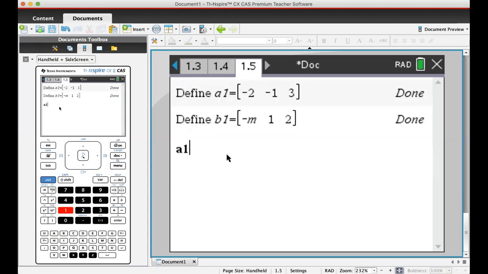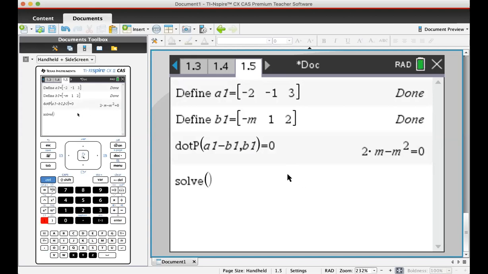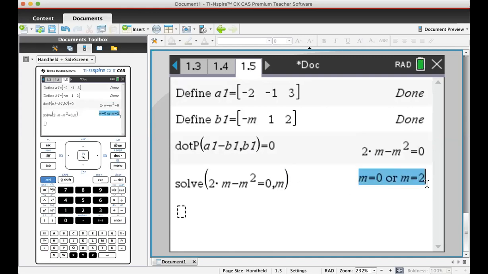So if A1 minus B1 is perpendicular to B1, then the dot product between them must be 0. And then you can solve for what? Solve for the value of m, okay? So we could either have 0 or 2. Looks like the option C is correct, okay?